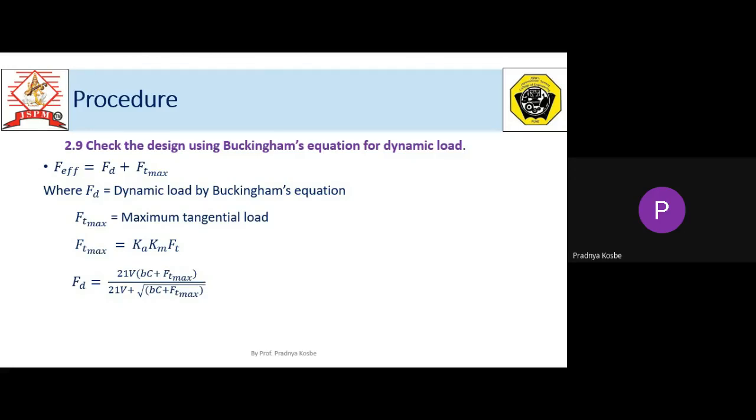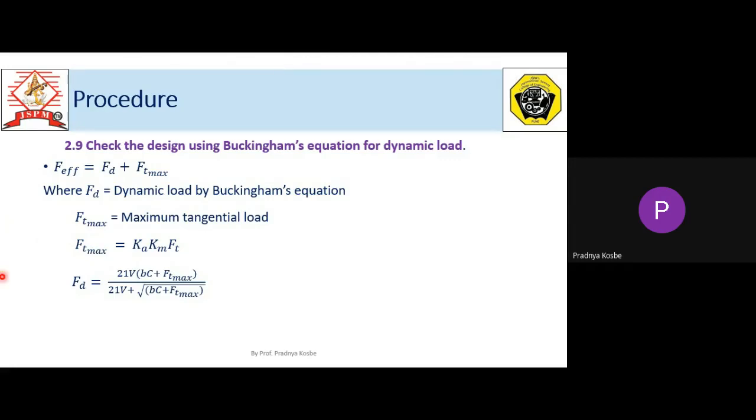K is an application factor, Km is a load distribution factor, and Ft is the tangential load, right? And Kv is the velocity factor, and this Kv, for a spur gear, we have taken as 6 divided by 6 plus v.